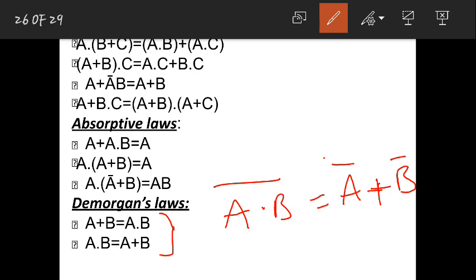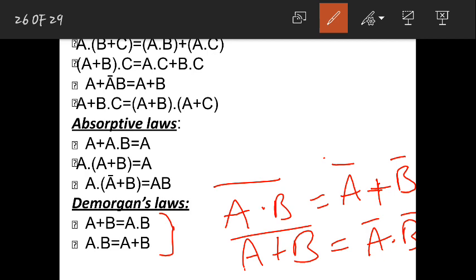The same way, the other one is the whole complement of A or B is equal to the individual complement of A and the complement of B. Is that fine? So whenever you get to solve this, this is actually De Morgan's law.